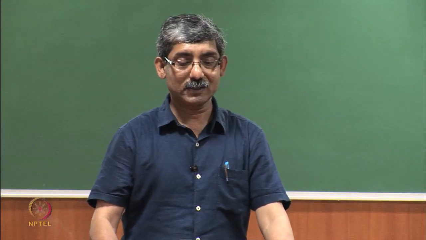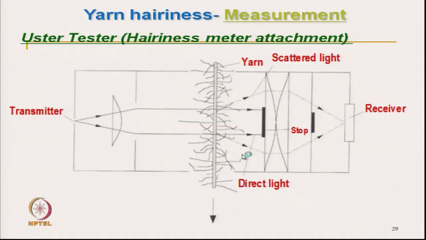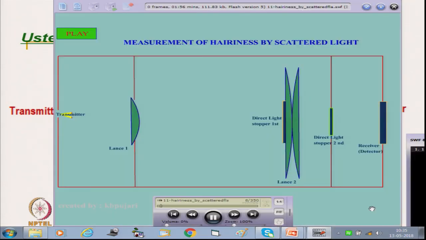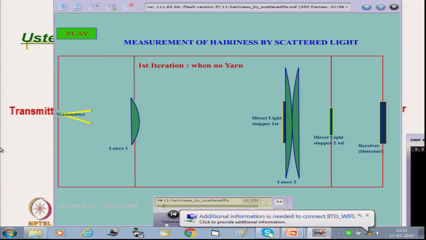Let us see the animation of this principle. This is the light source when there is no yarn present.